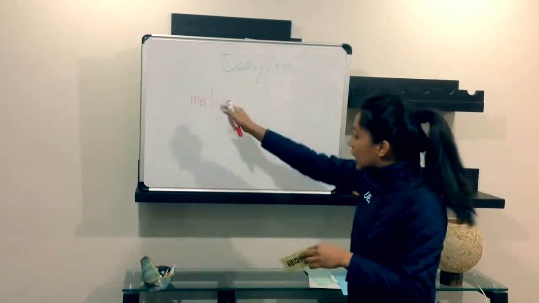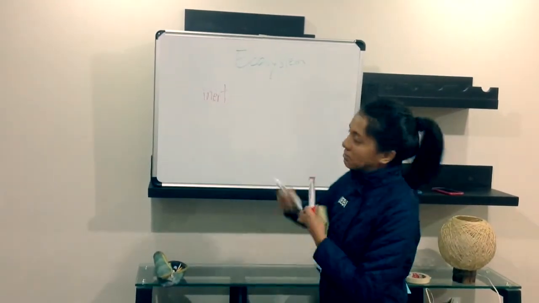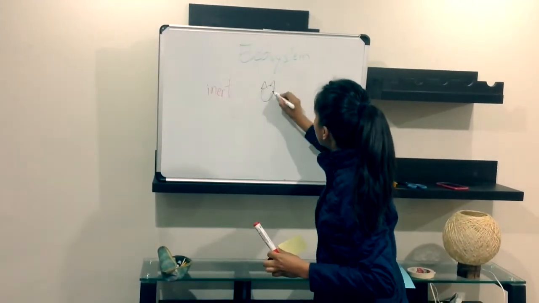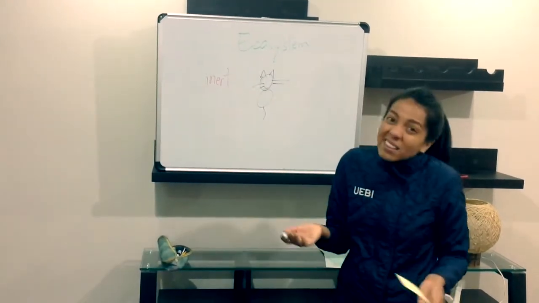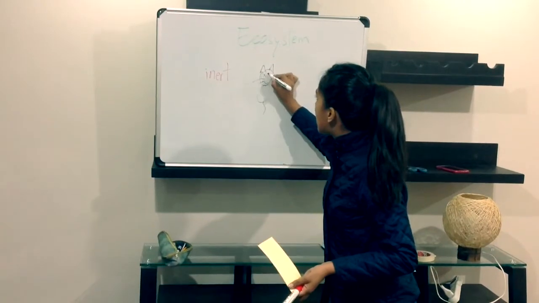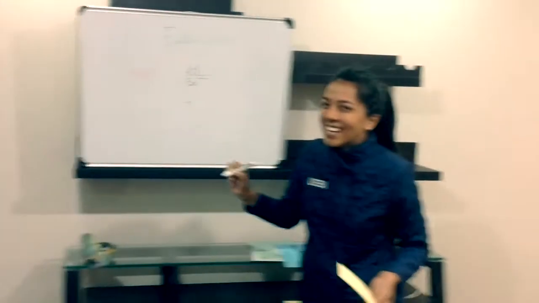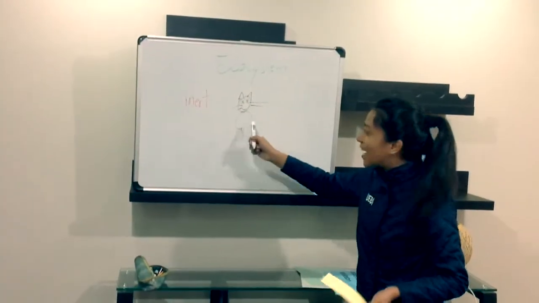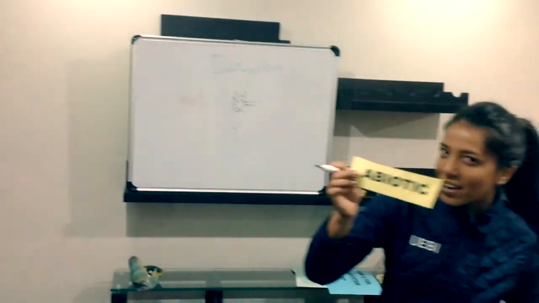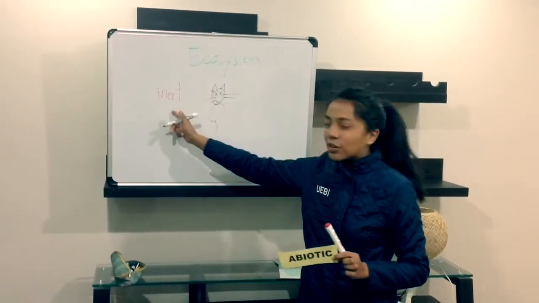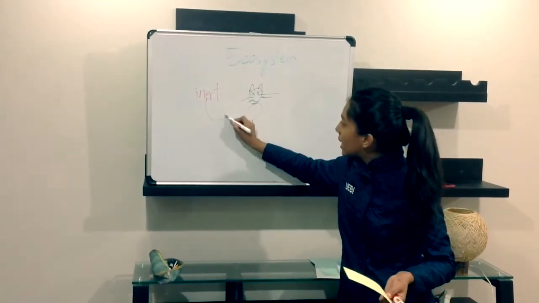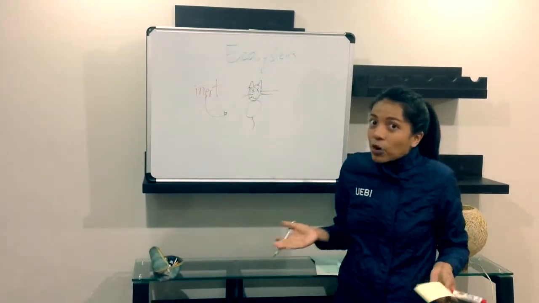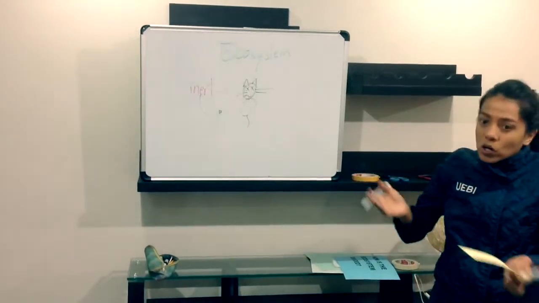But if I say inert, I can have in here a beautiful cat, but sadly, the cat is going to be dead. So, is this cat going to be abiotic or is it going to be inert? It's going to be inert because it's not alive anymore. But in the past, he was.